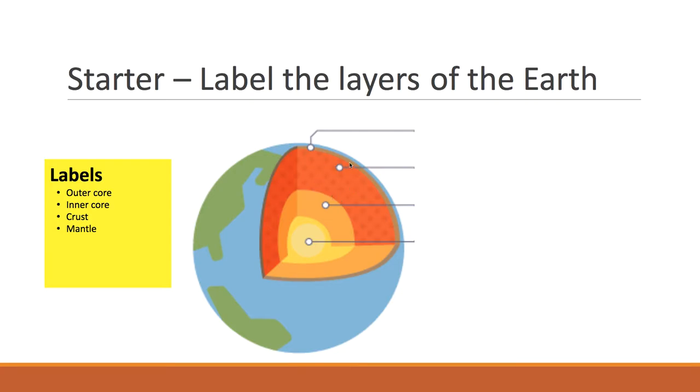You have the mantle here, you have the outer core here, and you have the inner core here. You should make yourself a copy of that diagram and label it carefully. This bit is your crust. This orange bit is your mantle. Red bit maybe. This is your outer core, and this is your inner core.